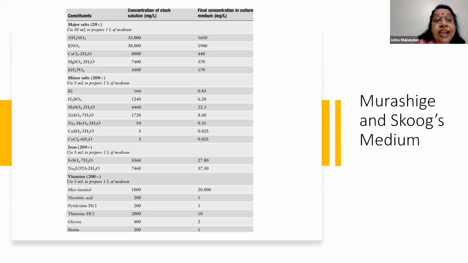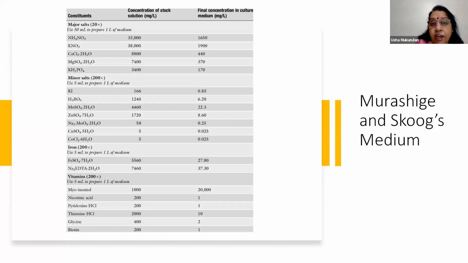Now what is the 20x? Because you are preparing a concentrated solution. If I were to give you a very crude example, we make syrup, correct? So you make a concentrated solution and then you dilute it as per your requirement.